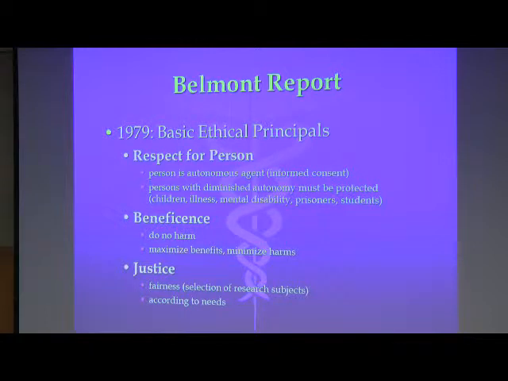These are all people who you either have some sort of leverage over, or who don't have full capacity to make a rational decision. There's the concept of beneficence, which goes back to the first do no harm. And then there's the concept of justice. If you're going to do research, you have to be fair in the type of subjects that you recruit. You can't just select to do research in wealthy, affluent white people. You also have to give the potential benefits of research to other socioeconomic strata as well, as an example.